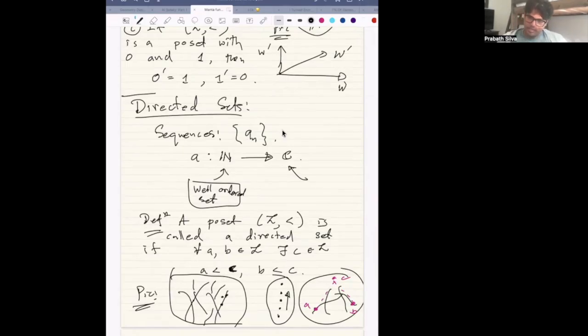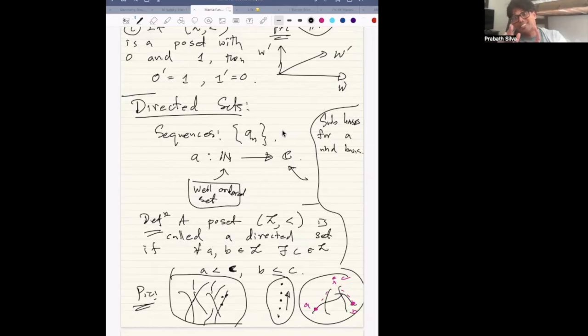If you have seen the notion of a subbasis of a topological space, what we're trying to capture here is a subbasis for a neighborhood basis.